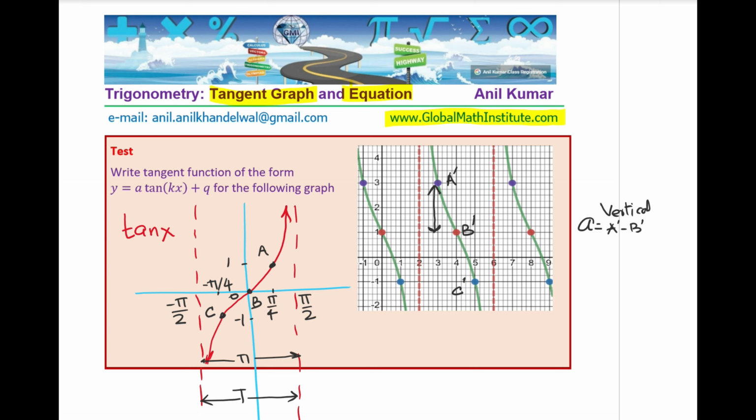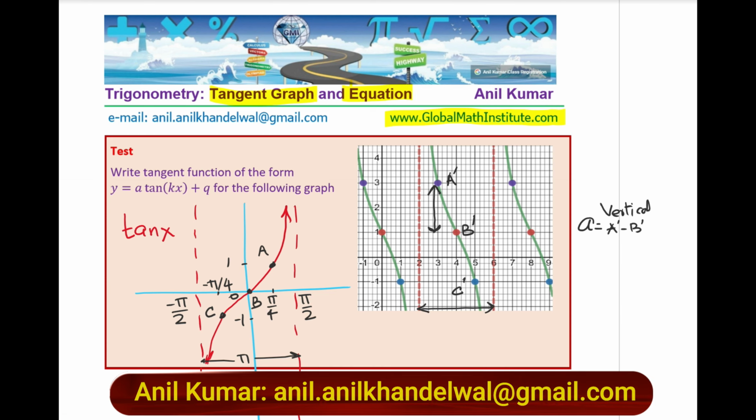As far as the time period is concerned, the time period is basically the distance between the two vertical asymptotes. So T is equal to the vertical asymptote difference.